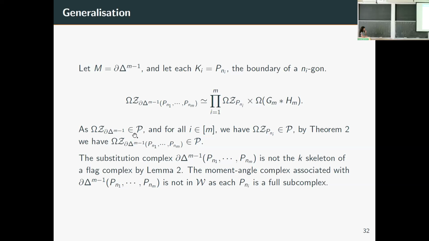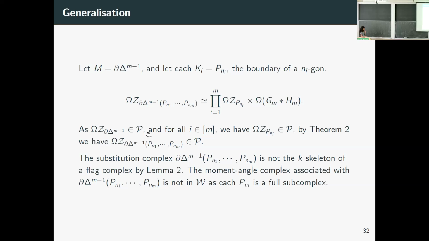And we know that this is going to belong to P by our previous corollary concerning substitution complexes. We know that loops on the moment angle complexes associated with our P and eigons are going to belong to P, and it's well known that this is going to belong to P as well. So we get that the moment angle complex associated with our substitution complex will belong to P.